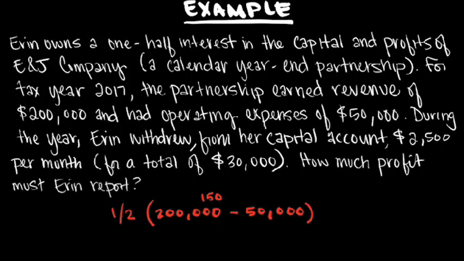Therefore, of the $150,000 of income, she only has to include $75,000 on her tax return. Now, she only received $30,000 of cash, but we don't care for pass-through entities. What we care about is what type of income and deductions, partnership items, were incurred during 2017, and that would be the $75,000.